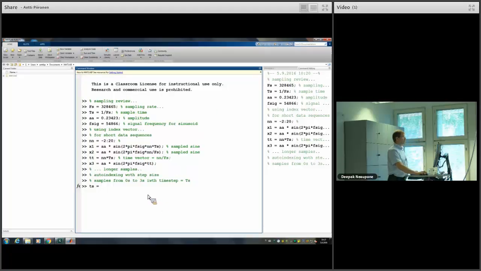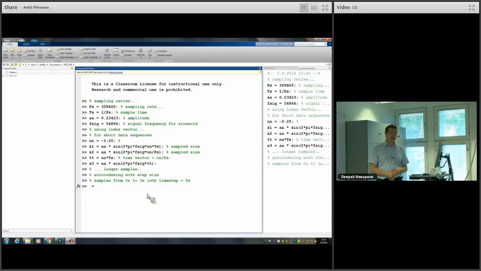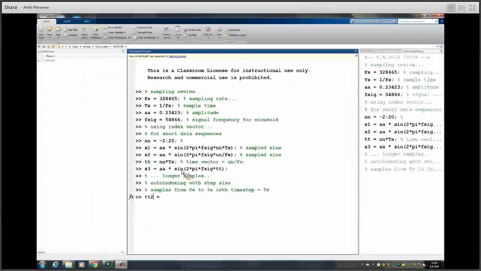That's not a good name, it gets mixed up with the capital T's. For sample times, I'll just use tt2. The sample time vector starts from 0 with the time step of ts until 3 seconds.